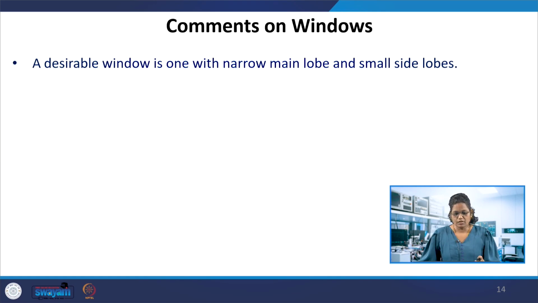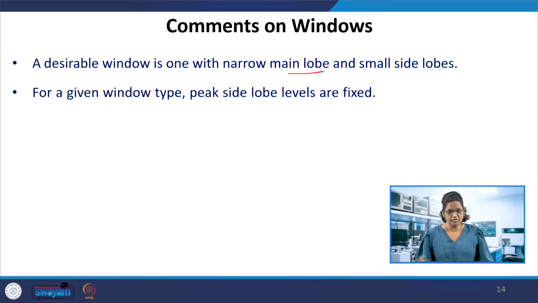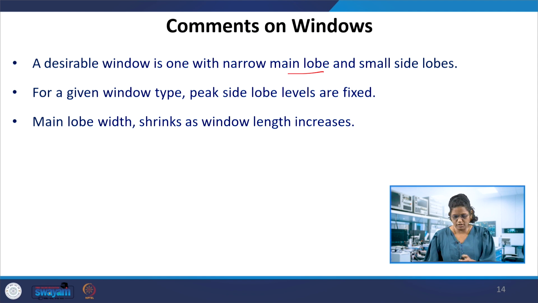So what is the desirable window? One having a narrow main lobe and small side lobes. For a given window type, the peak side lobe level is fixed; for the rectangular window it is at minus 13.3 dB, and other windows we can see also. Main lobe width shrinks as the window length increases.